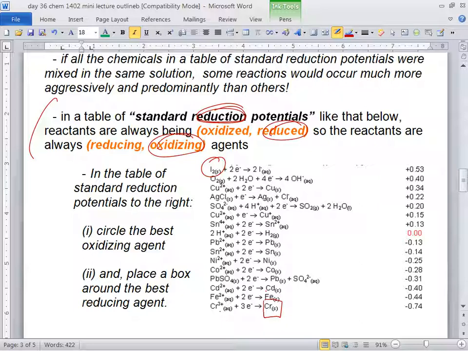If you're talking about chromium solid being a reactant, you got to flip all these signs. They never give you a table of standard oxidation potentials. They never do. Because you can flip all these. But that's what you really need. You need a table of standard oxidation potentials to figure out what the best reducing agent is, because reducing agents get oxidized. Does that make sense?